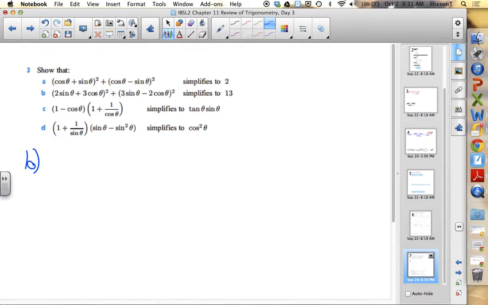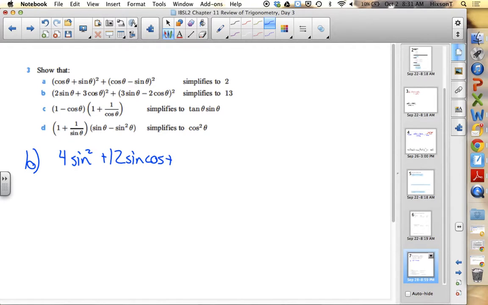I wasn't really sure, but 2 sine squared plus 12 sine times cosine. Okay, I think when you do 2 sine times 2 sine, that would be a 4 sine squared. Oh yeah, because it's 3. Okay. And those are the little things that sometimes drive you nuts.